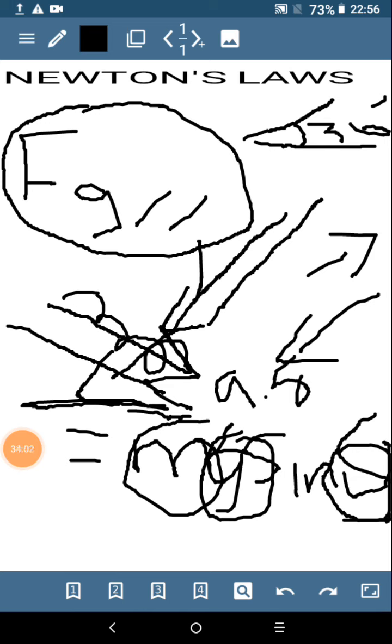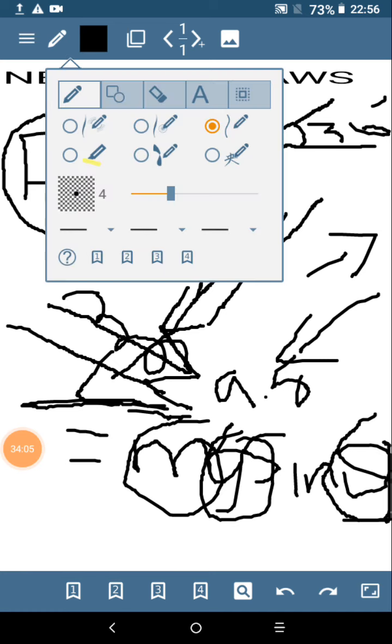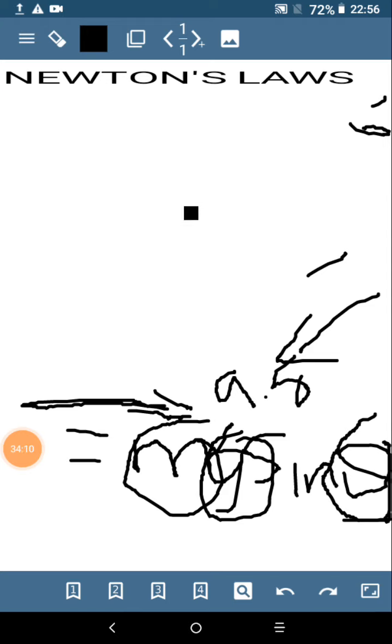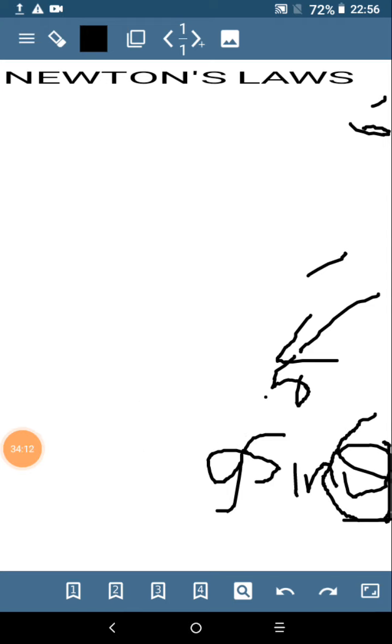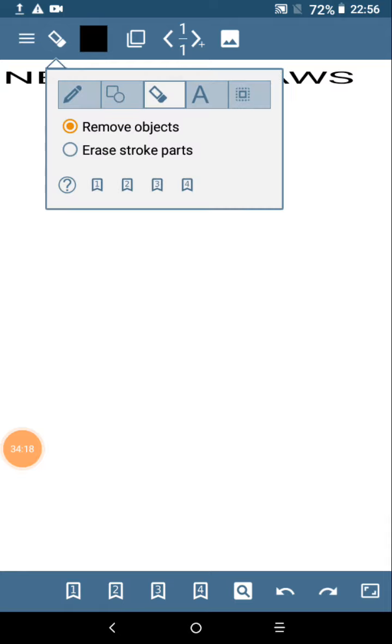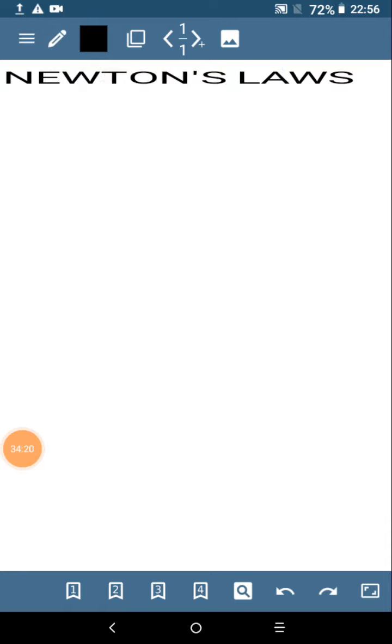Moving to the perpendicular component of the weight. The perpendicular component of the weight, guys, also acts perpendicular to the what?